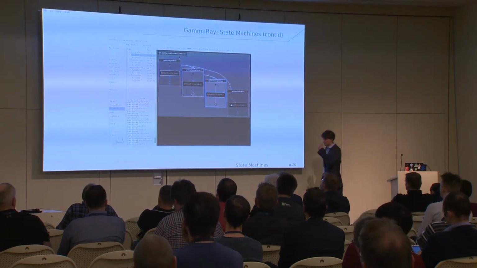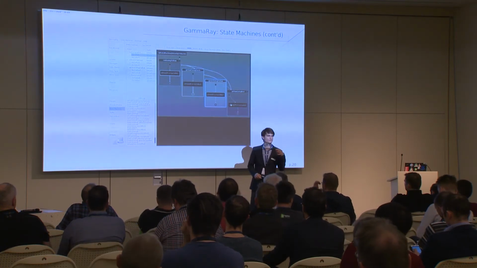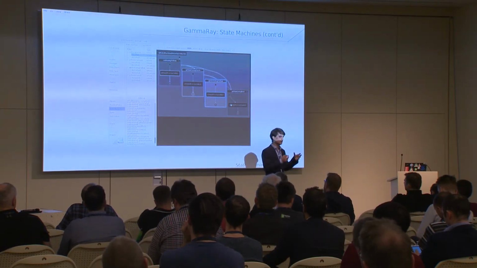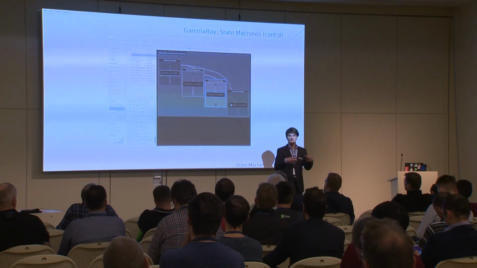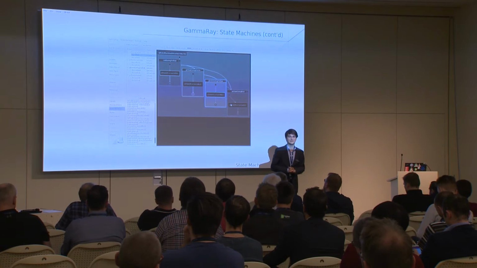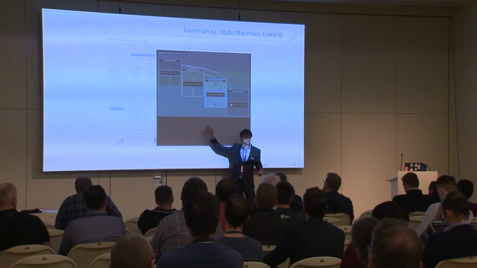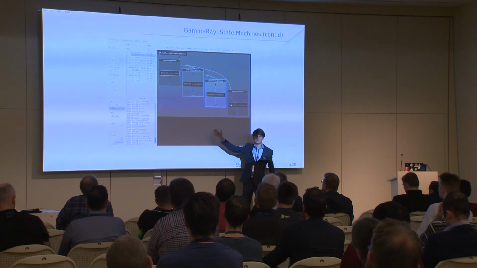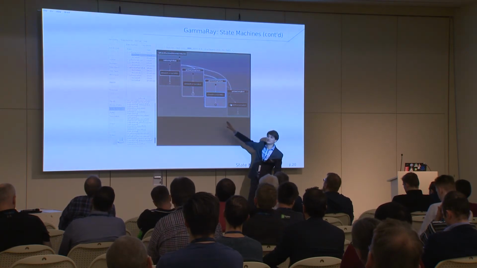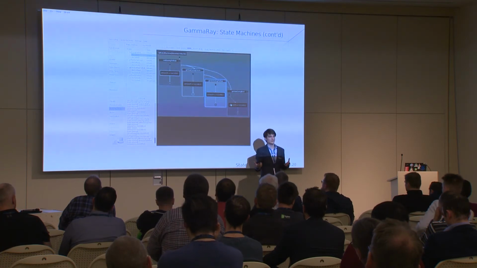I really like that as well, because when you're debugging state machines, it's pretty hard actually if all you have is a log. Because in the log file, you need to add all of the information that you need. But once you visualize a state machine, and Gamma Ray will do this for you for every QStateMachine, you will instantly see whether there is a bug inside your state machine, because that's the model of a state machine.